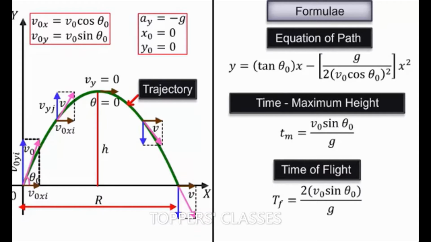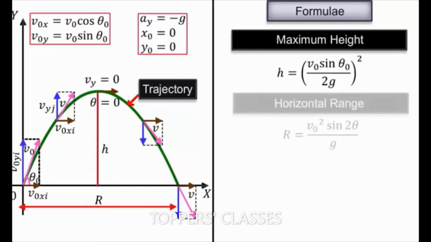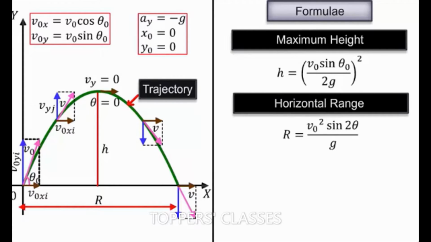The maximum height attained by the projectile: H is equal to (V0 sine theta 0) square divided by 2g. The horizontal range of the projectile: R is equal to V0 square into sine 2 theta divided by g. The maximum range of the projectile: R max is equal to V0 square by g.